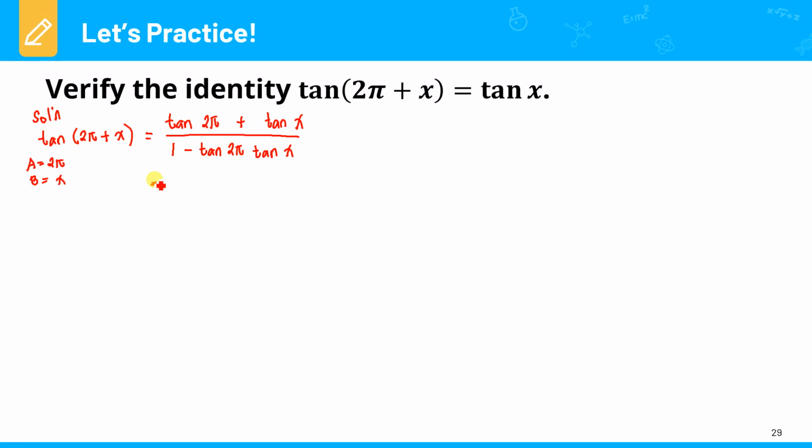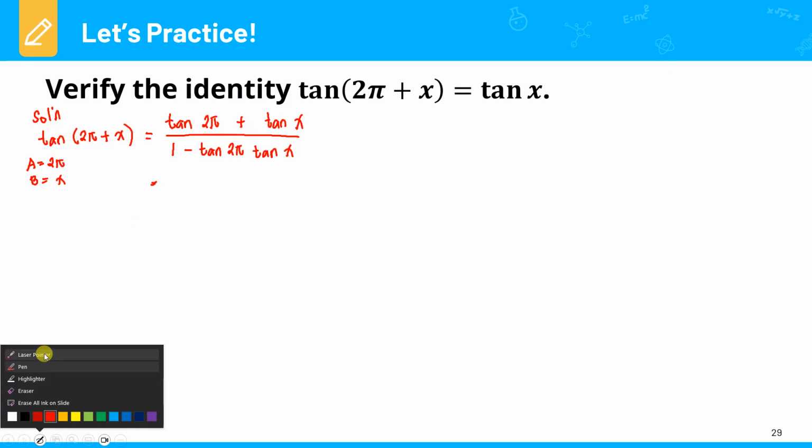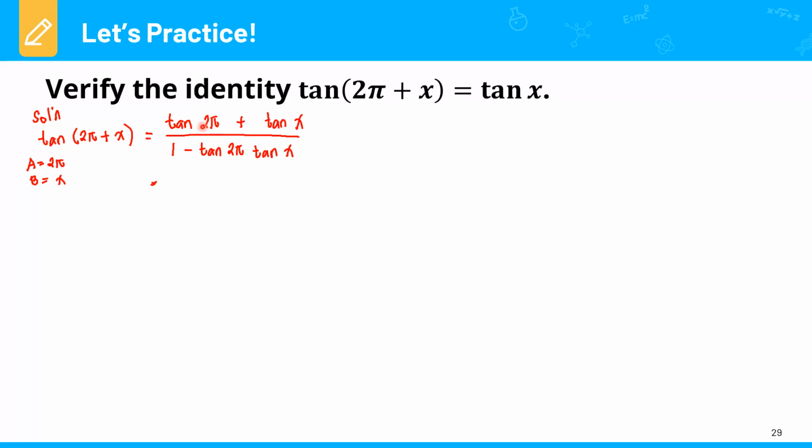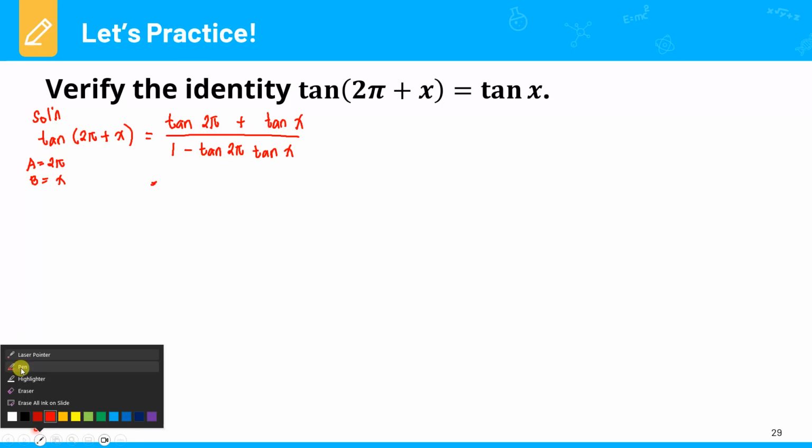Now, after the substitution of the formula, we can recall that tangent theta can be expressed as sine theta over cosine theta. Take note that in this portion, we have 2 pi, meaning this is a full revolution. So I will just change the pointer pen, and let's try to have another color.